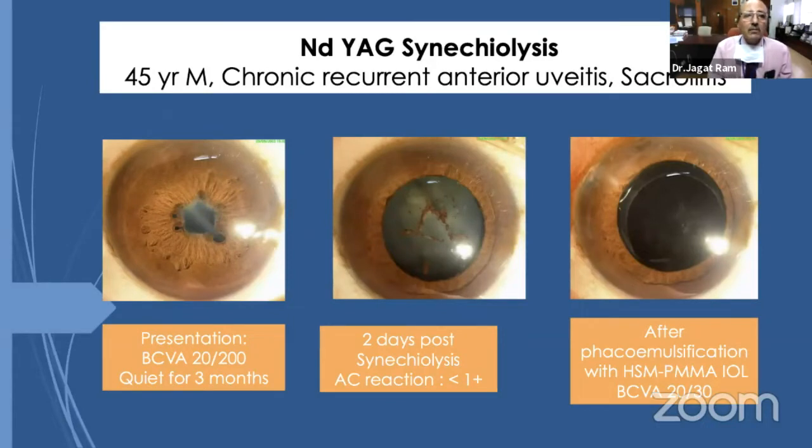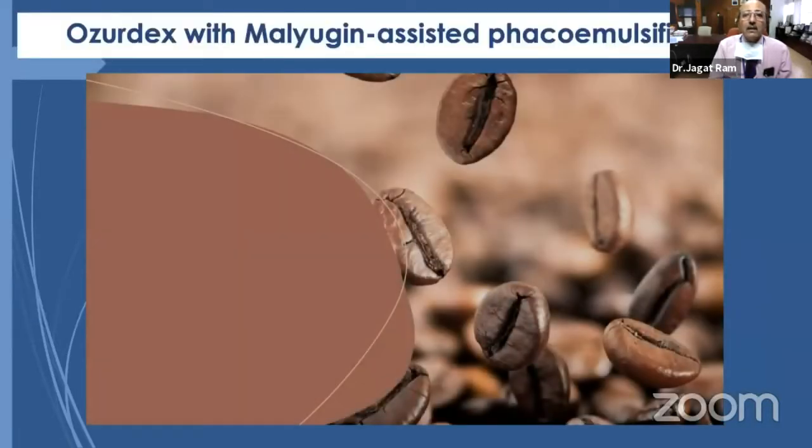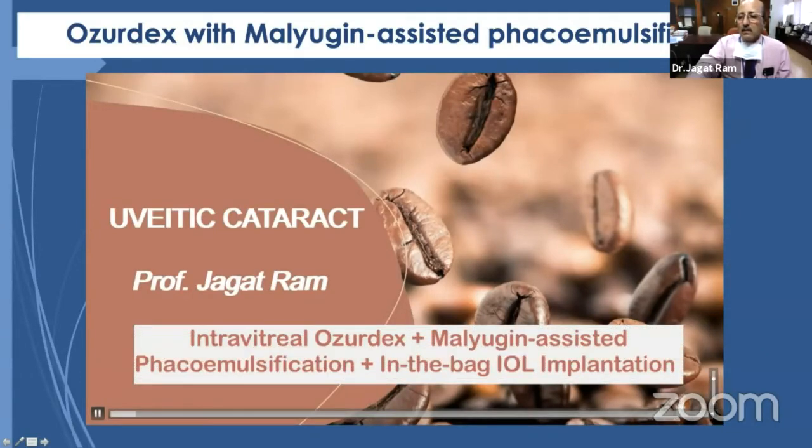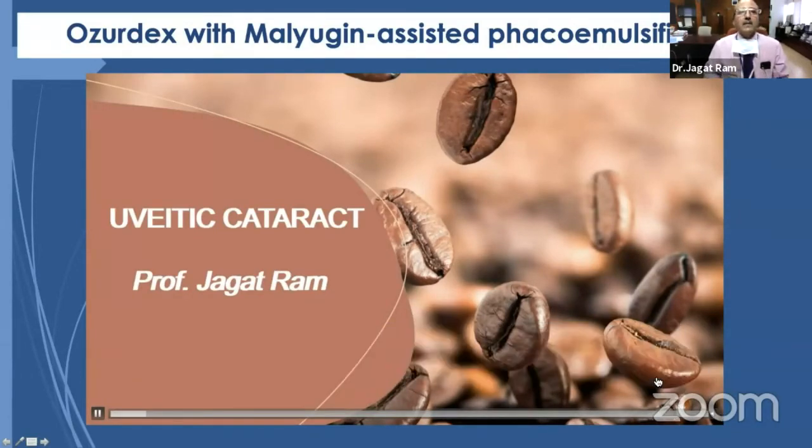This is one of the patients, a 45-year-old patient with recurrent anterior uveitis, where we have done Nd:YAG laser synechiolysis. So this is one of the options for dilatation of the pupil, and ultimately in this case, cataract surgery with IOL implantation was done. And this is our video.